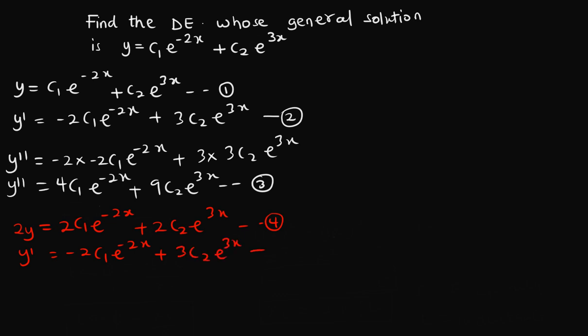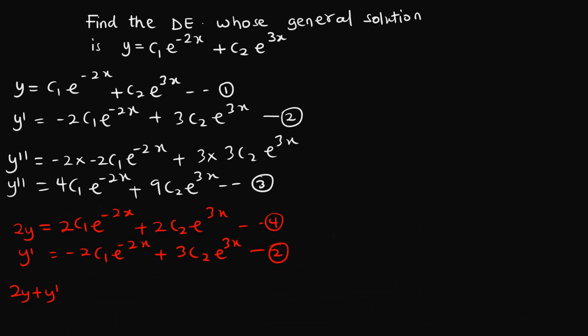Now we can add equation 4 and equation 2 to eliminate the first constant c1. When I add these two equations, I'm going to have 2y plus y prime, and 2 plus minus 2 will give us 0.